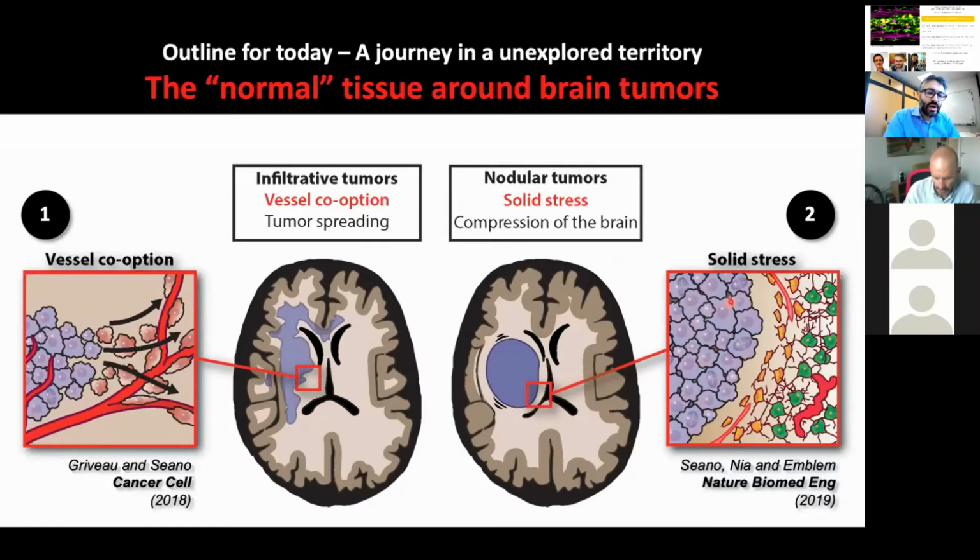I will show you how these tumors create a mass effect that deforms the surrounding brain tissue and damages it with force. I will focus on the physical force, the solid stress, that these tumors apply to the surrounding tissue, damaging it, killing neurons, and reducing perfusion.